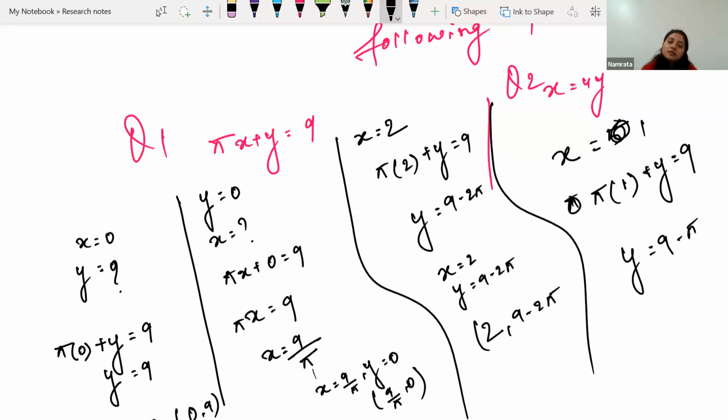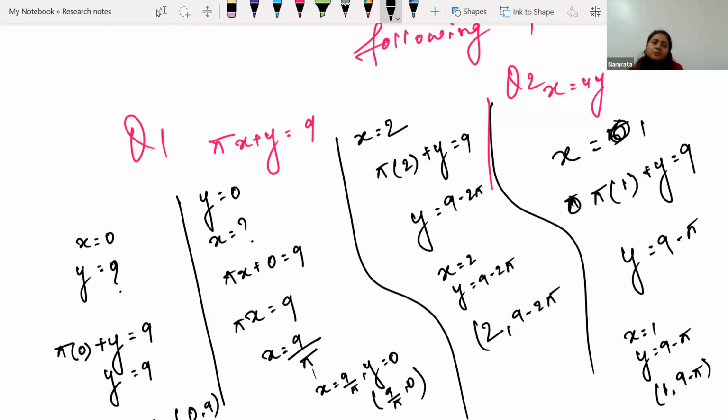So we got x as 1 and y as 9 minus pi. This is also one of the ordered pairs. Don't worry, this type of question will not be there when we talk about the graphical portion. We don't have to locate this point in the coordinate plane. This is just for finding the solution, and this is how we can find 4 solutions.